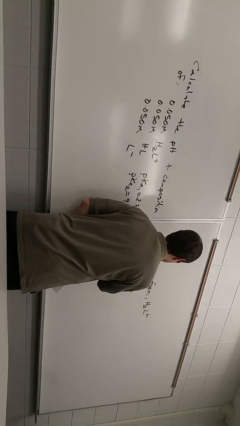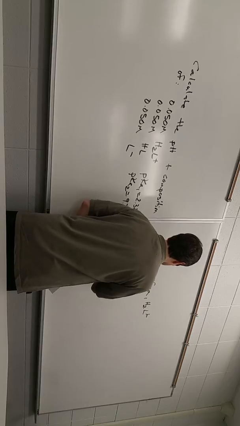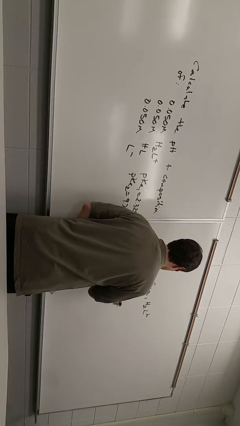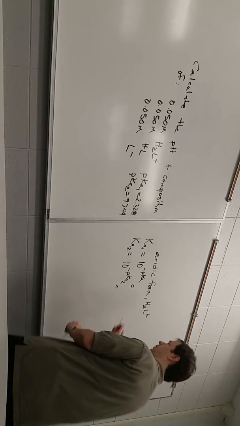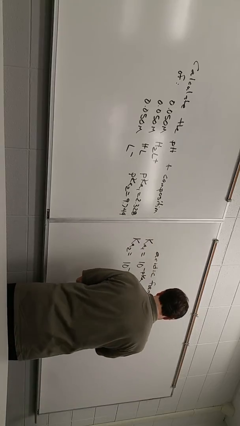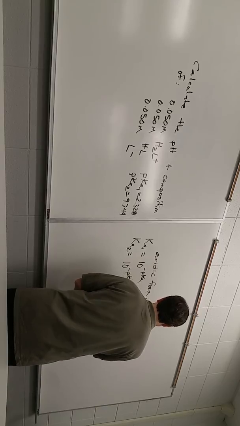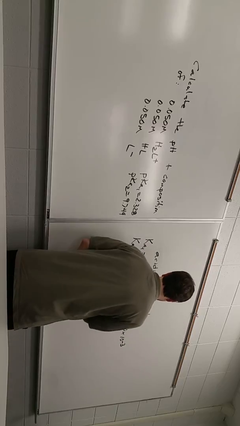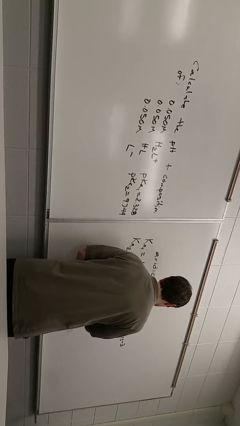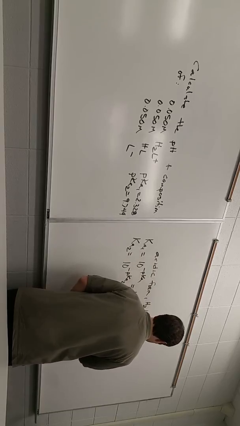So Ka1 is 10 to the minus pKa1, and Ka2 would be 10 to the minus pKa2. So that would be 10 to the minus 2.328, which is about 4.70 times 10 to the minus third. This would be 10 to the minus 9.744, or 1.80 times 10 to the minus 10.